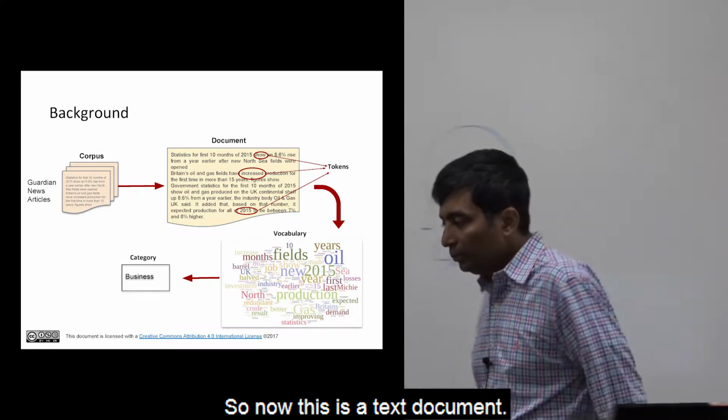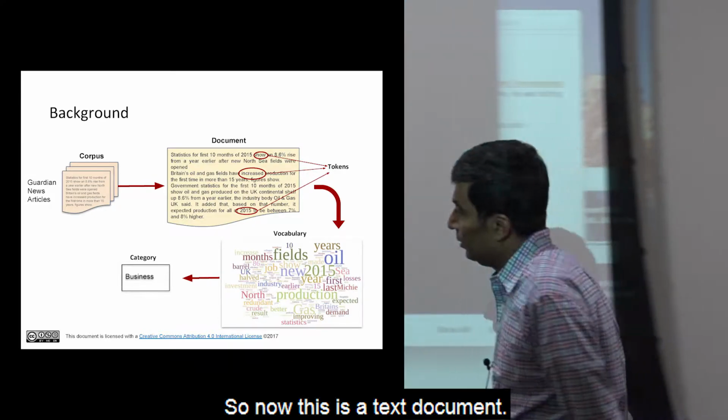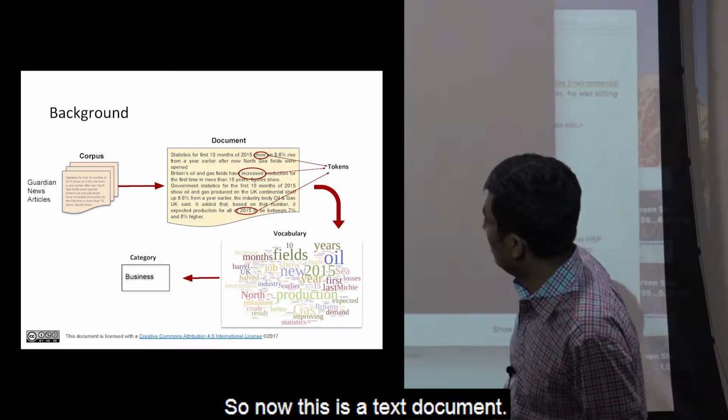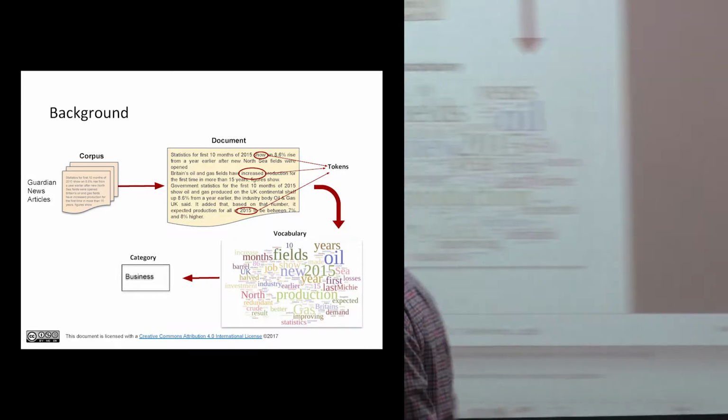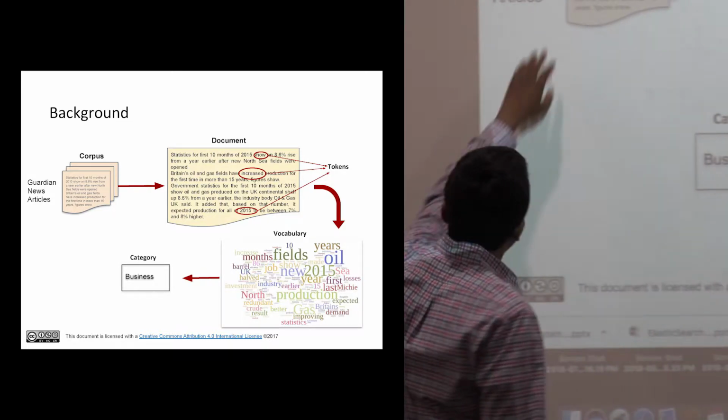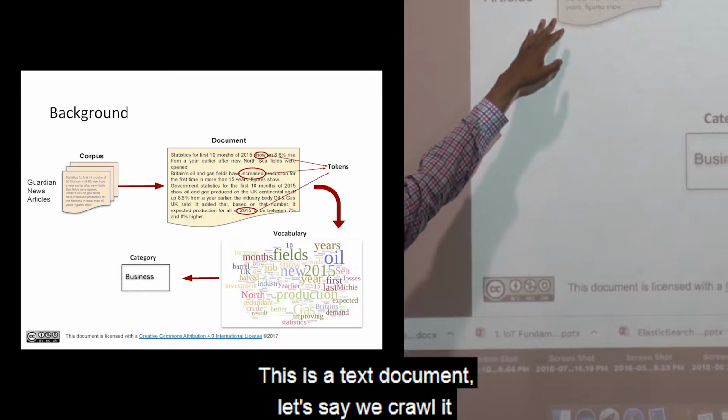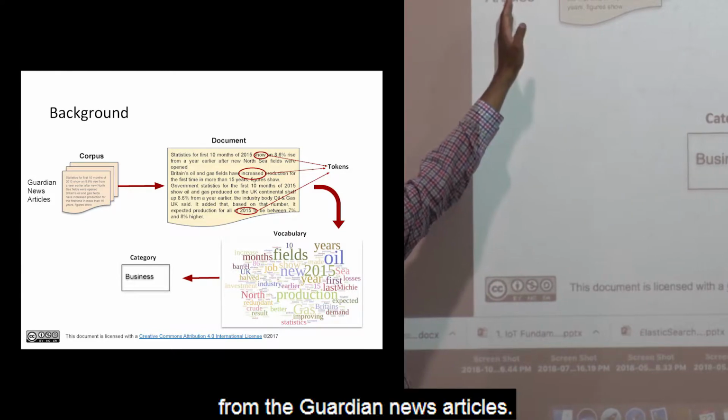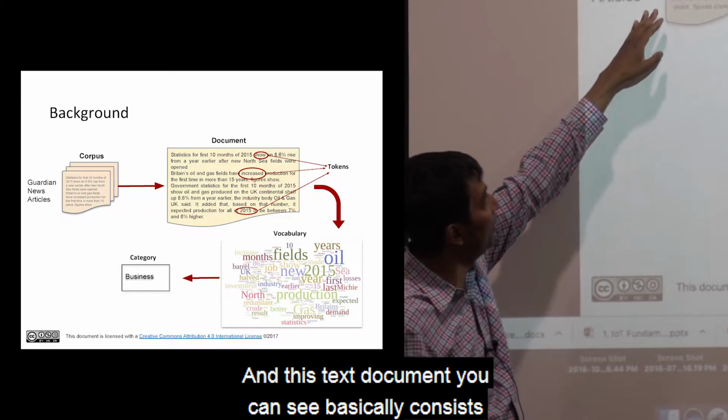Now this is a text document. Let's say we crawled it from the Guardian news articles.